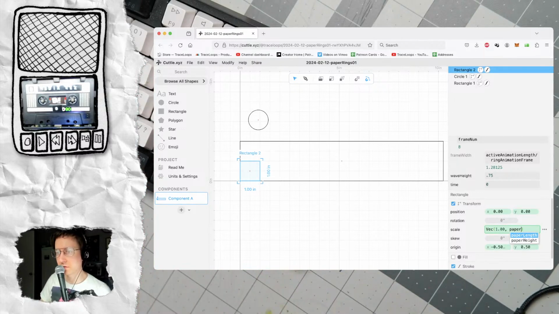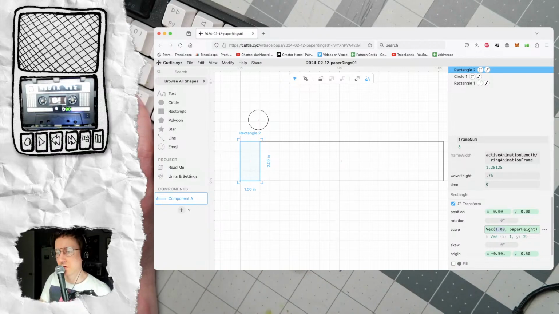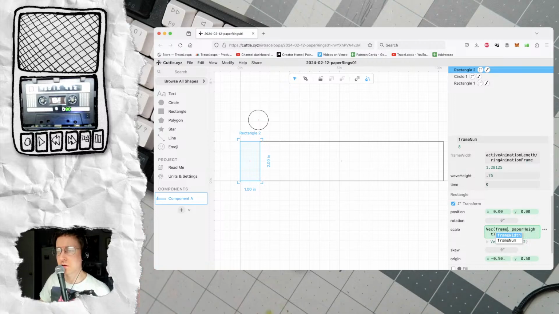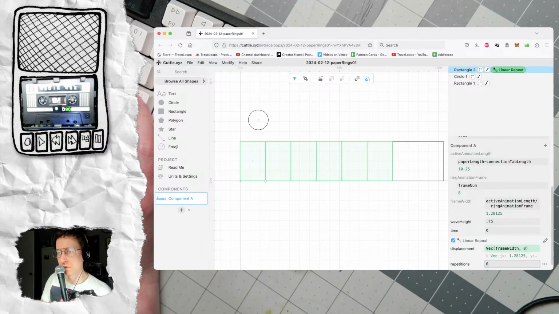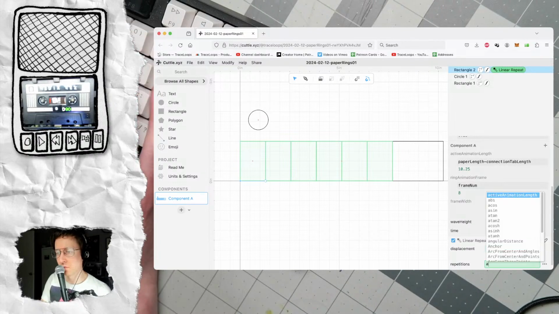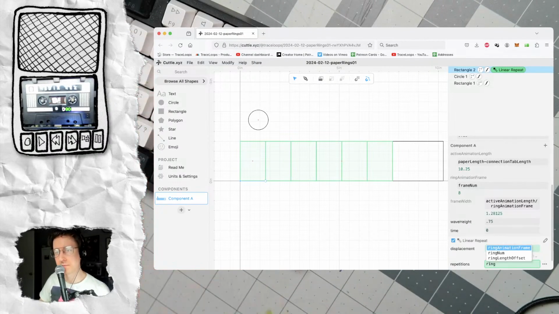Paper height. The width is going to be frame width. This is just so I can see what's happening. Linear repetition. The displacement is frame width. The total number is ring animation frame.